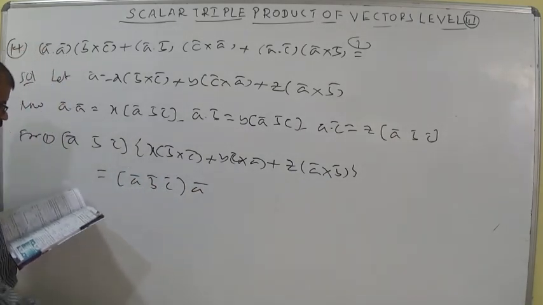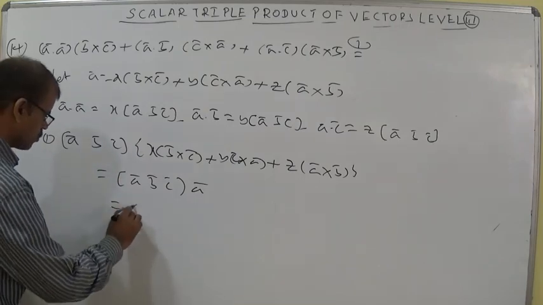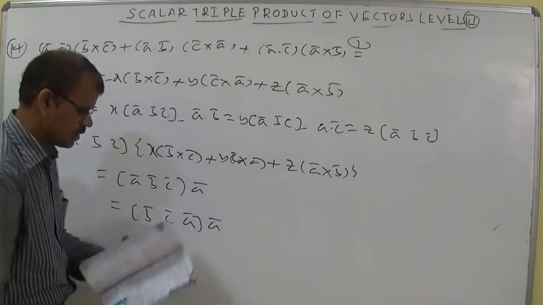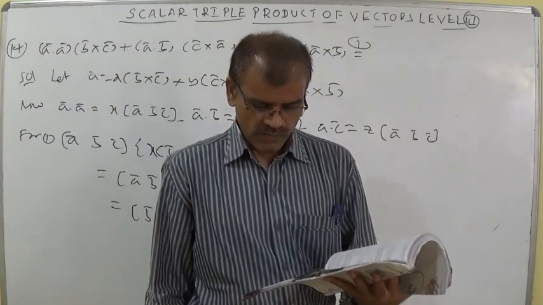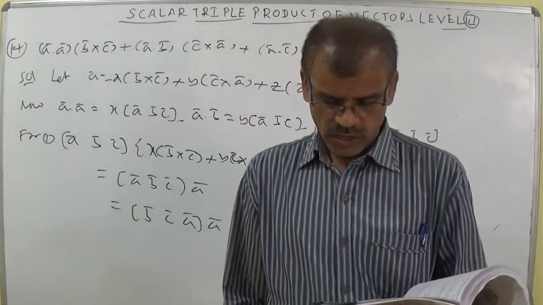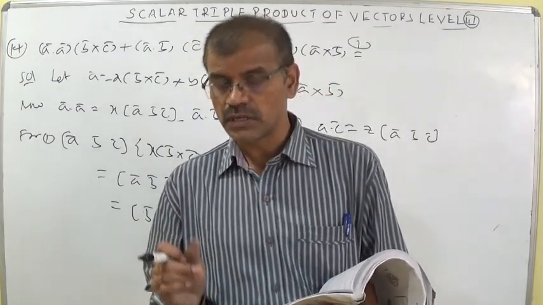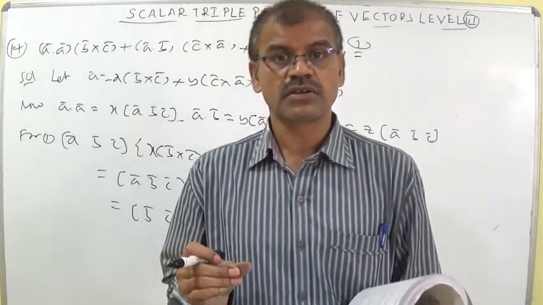You can write here BCA into A bar. Students, in the 14th question we got the second option, but the book has given the third option, which is wrong. You can correct it.